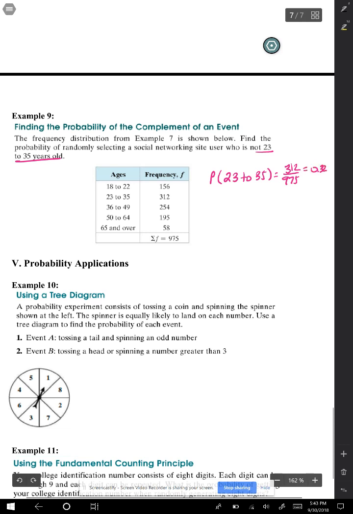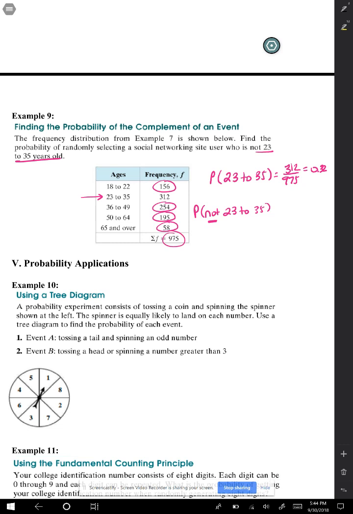So if we want the probability that they're not 23 to 35, that would be everybody else that's left. So one way you can do this, obviously, is to add up the ones who are not 23 to 35. But the quicker way to do it is that we know together those who are 23 to 35 added to those who are not gives us the full group, which was 975.